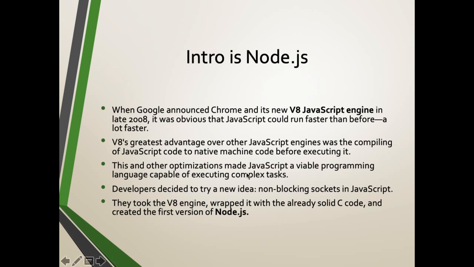V8's greatest advantage over other JavaScript engines was compiling JavaScript code to native machine code before executing it. So this made it a little bit faster, but again, you also had to take in the time of compilation instead of running it in real time, because JavaScript is not a compiled language. Has anyone used Java?